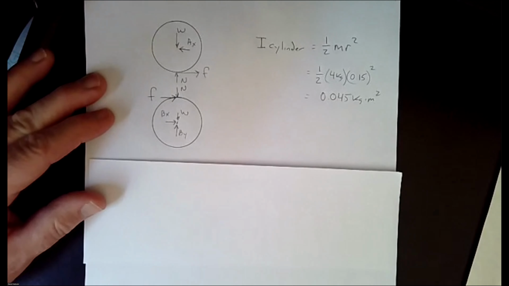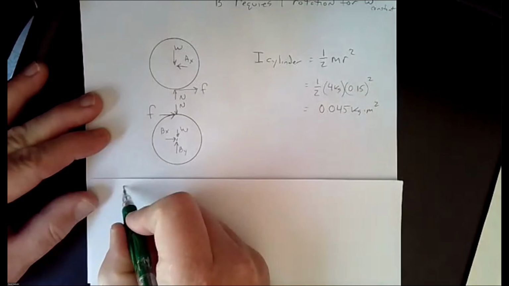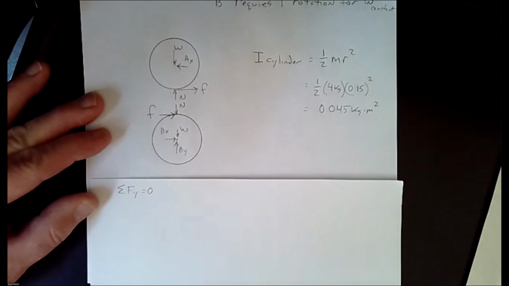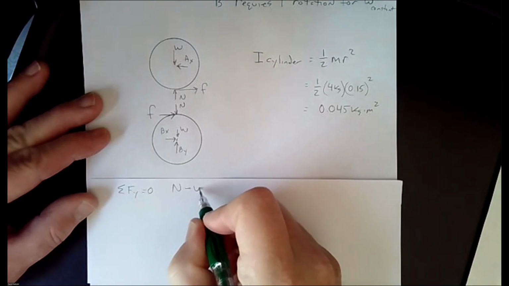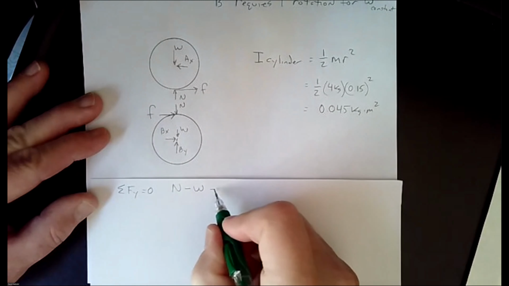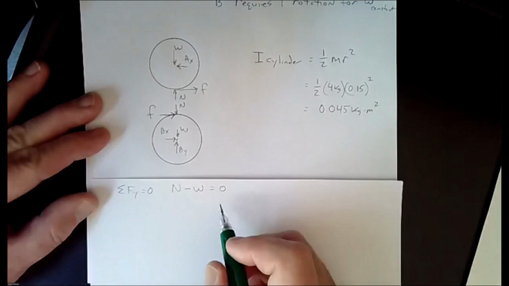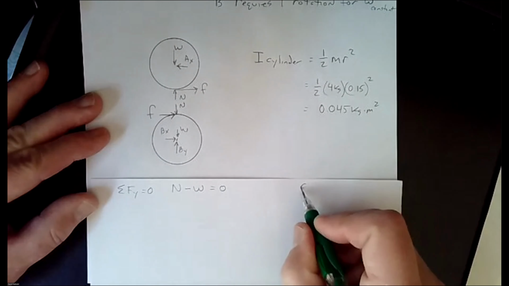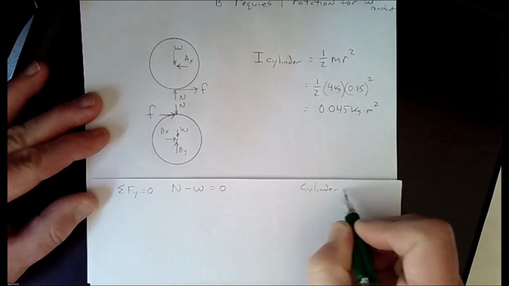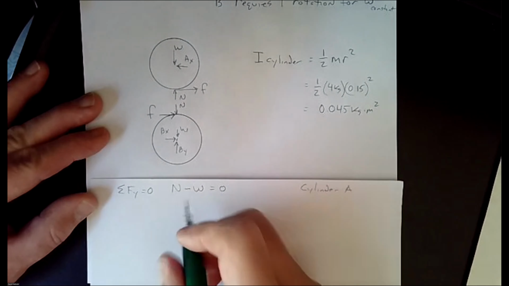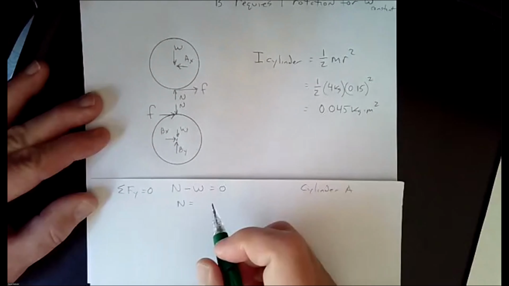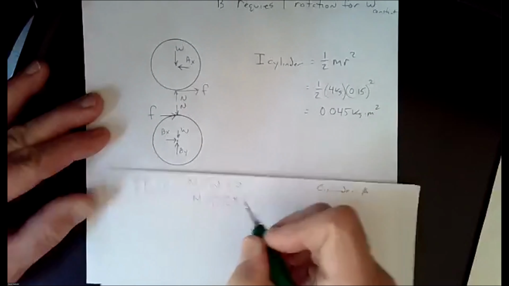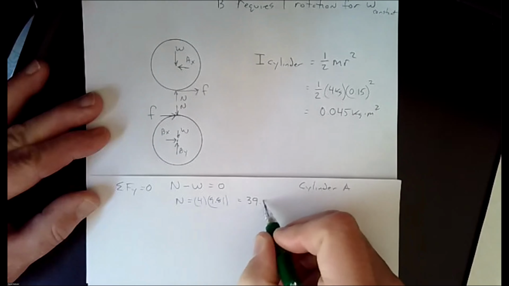So one thing we're going to look at first is if we sum the forces in the y to 0 on this, and this is stuff you almost do intuitively, N minus W equals 0. Therefore, we can calculate what our normal force is, right? And so this is, again, for cylinder A we're dealing with now. So for cylinder A, N is just going to equal 4 kilograms times 9.81, which is 39.2 newtons.